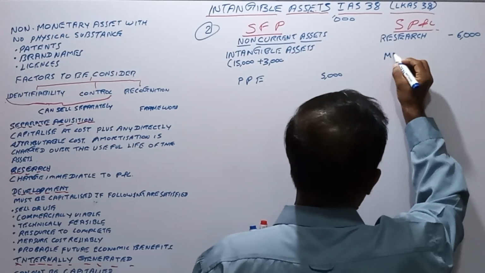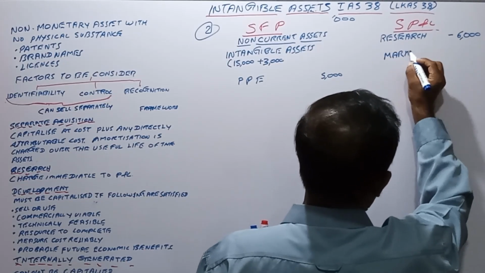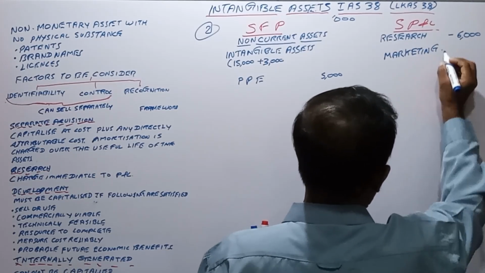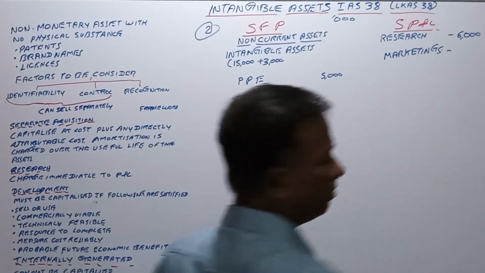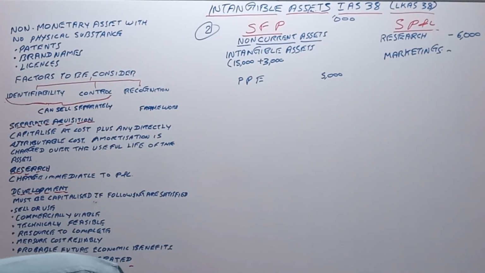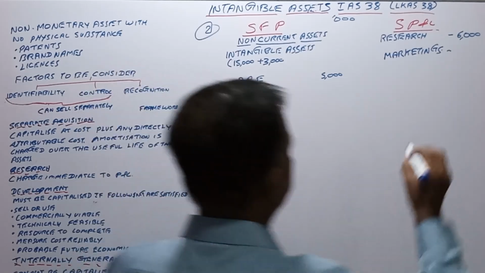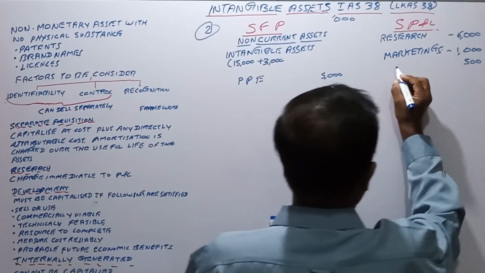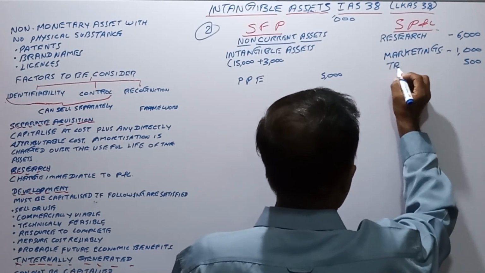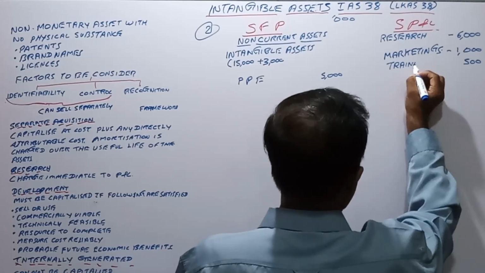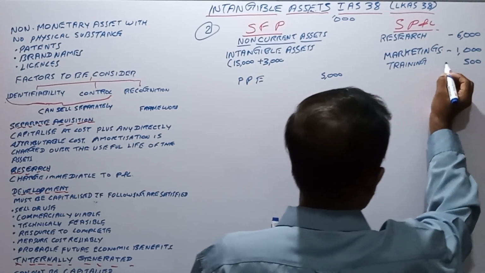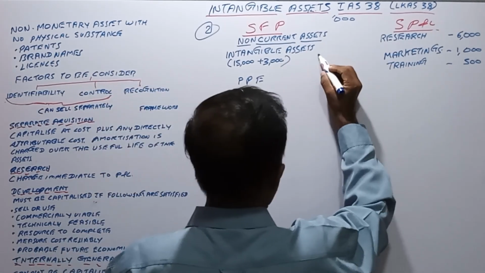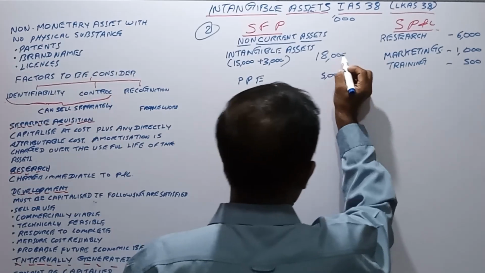Marketing expenses are 1 million and training expenses are 0.5 million, together 1.5 million.